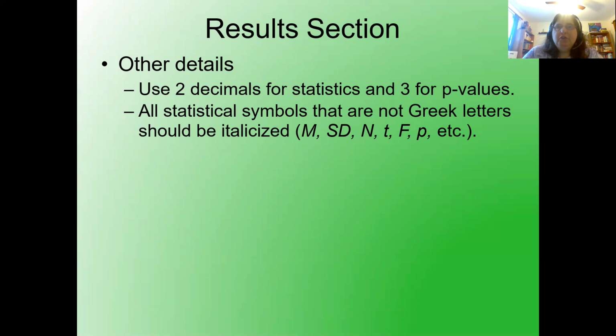And you're going to use 3 decimals for p values, which is nice because that's how SPSS reports it. So you can report it very much the same way. And all statistical symbols that are not Greek letters should be italicized, like mean, standard deviation, n, which is, remember, sample size, t, which is t-score, f, which is f-score, p-value, etc.